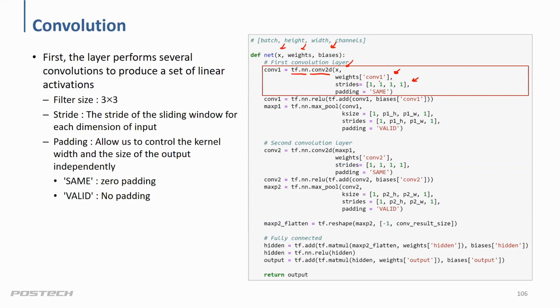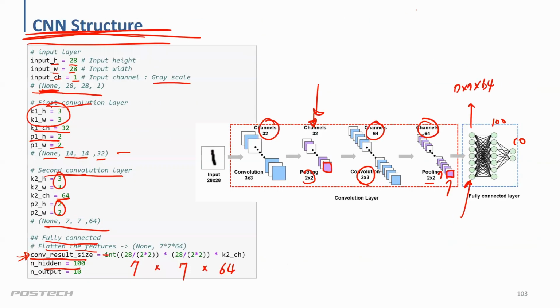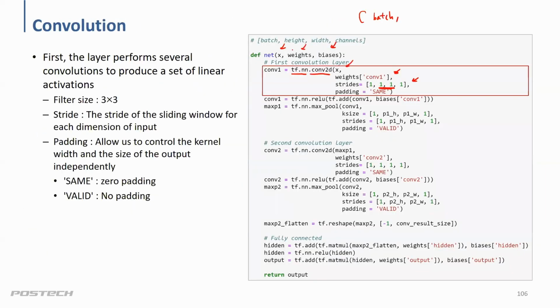Remember here it is the number of batches, height, width, and channels. That means for the stride for the batch I use 1, so I'm going to cover all the batches. The stride for the height is 1, the stride for the width is 1, and the stride for the channels is 1. So I'm going to cover the entire input.